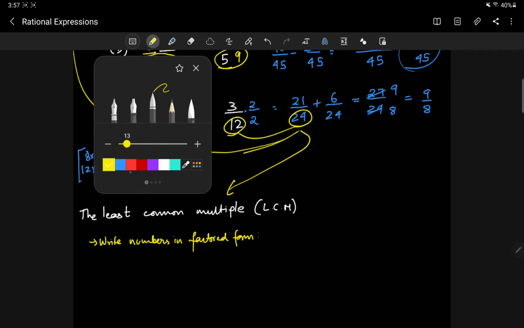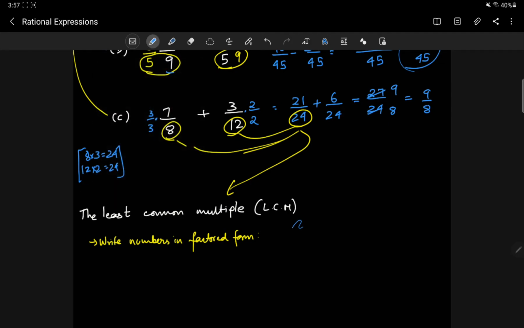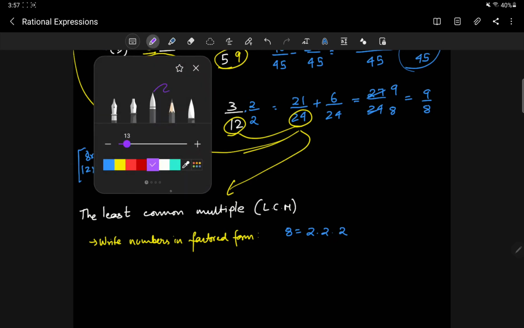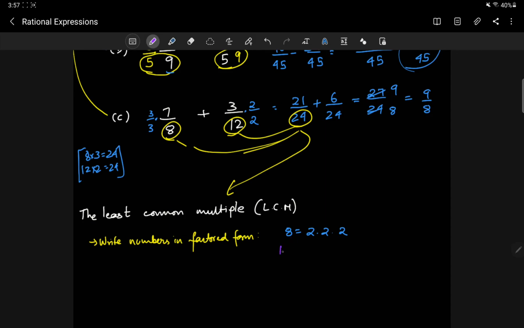So for example, 8 is 2 times 2 times 2 and 12 is 2 times 2 times 3.